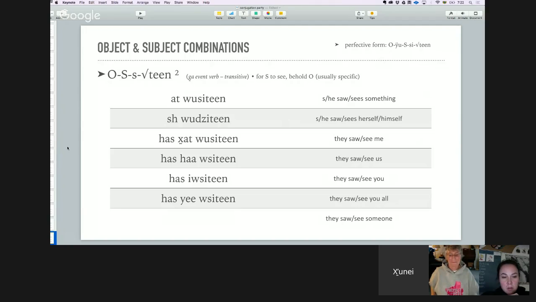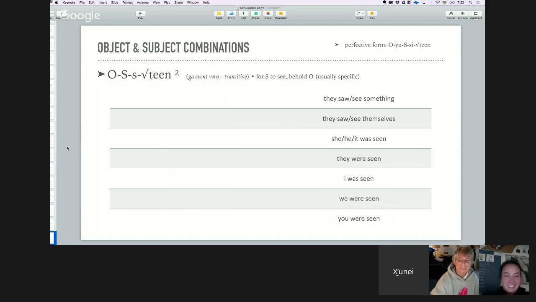They saw someone. Kusatine. Sisala. They saw something. Asatwusatine. Simik. They saw themselves. Hashwudzatine. Okay. He was seen.